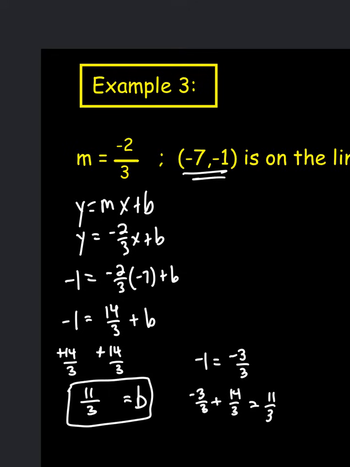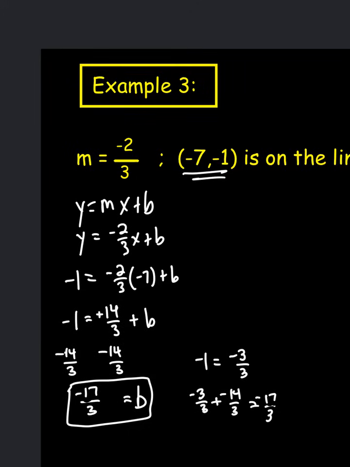Let's backtrack there. Sorry. We weren't supposed to add 14/3, were we? Whoopsie. Let's fix that. This is positive up here, so I'm supposed to subtract it. And so that's going to change things. So this would be -3/3 plus -14/3, and that would be -17/3. Sorry about that. I'll just erase them so it's not quite as ugly. -17/3.